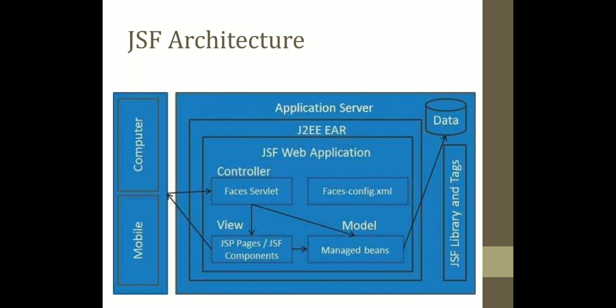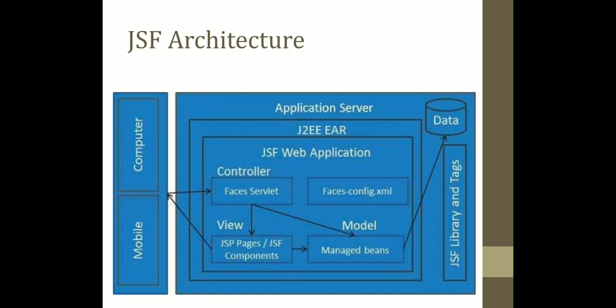Another point about JSF architecture or features is its ease and rapid web development. JSF provides a rich set of inbuilt tools and libraries so that you can easily and rapidly develop any web application. And then it supports internationalization. We have seen internationalization in almost each session of this web services unit.